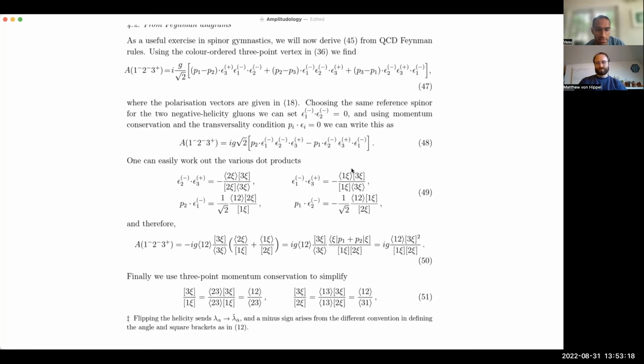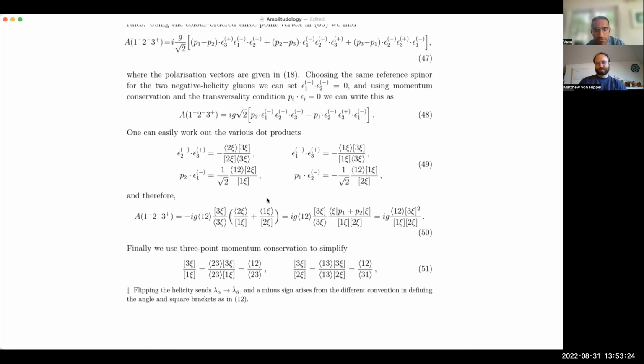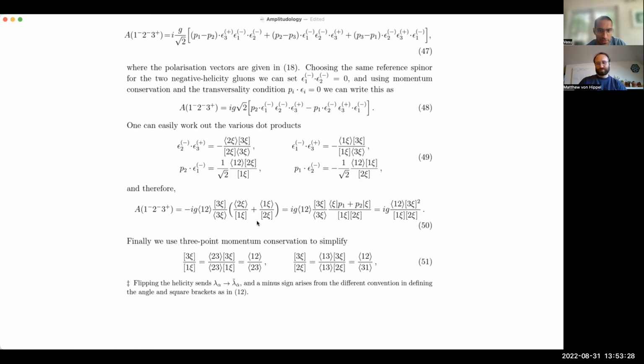Then we translate between vectors and spinors, as we have been taught to, and use momentum conservation to simplify the resulting ratios.